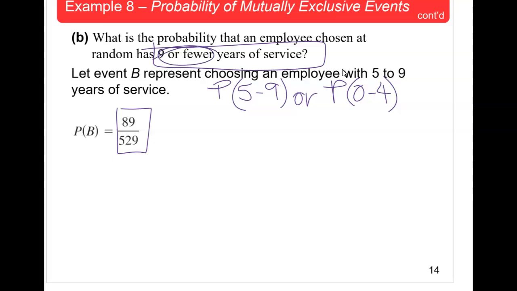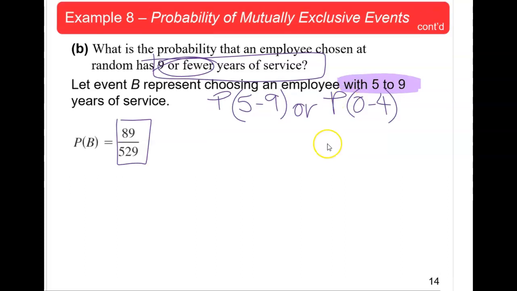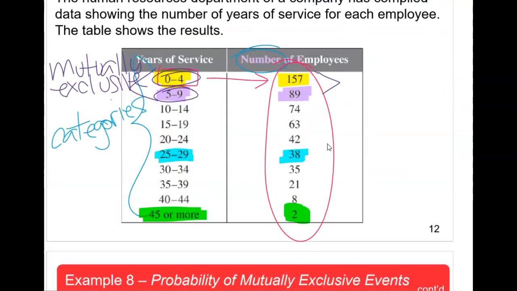However, the PowerPoint is telling us to only consider the ones from 5 to 9. I don't really agree with this. And you could see it is 89.